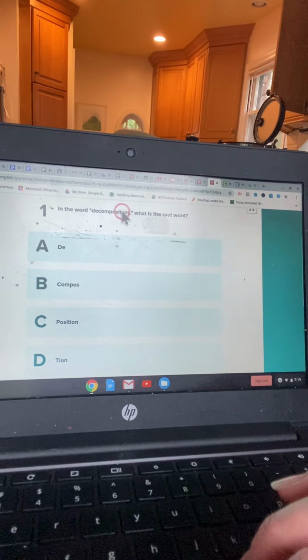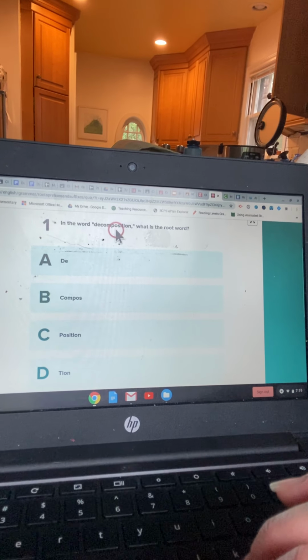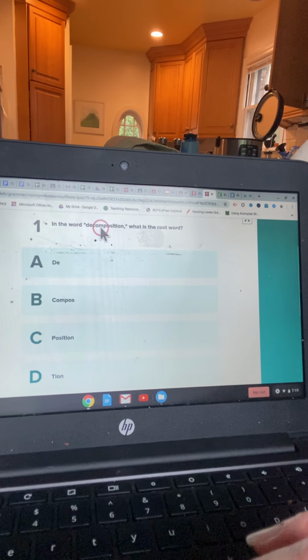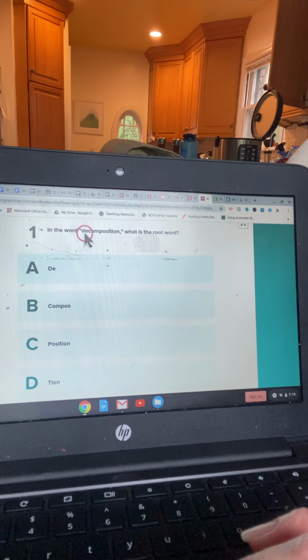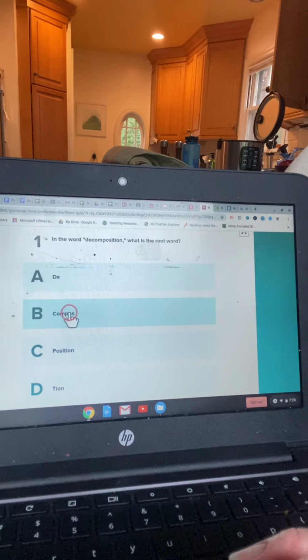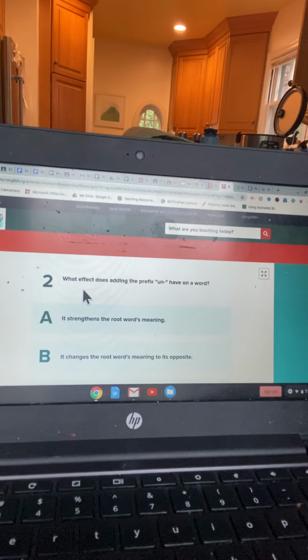Position, which is there, and then shun. So compose means to put something together. And then composition means the act of putting something together. And then decomposition means to take something apart. So in all of those, compose is our root word. So we should click that one.